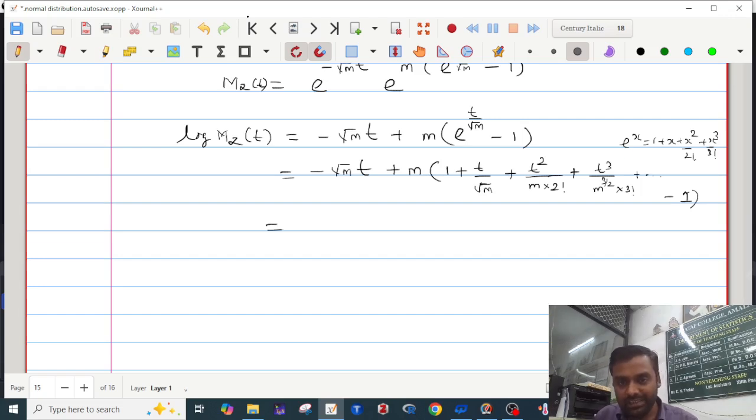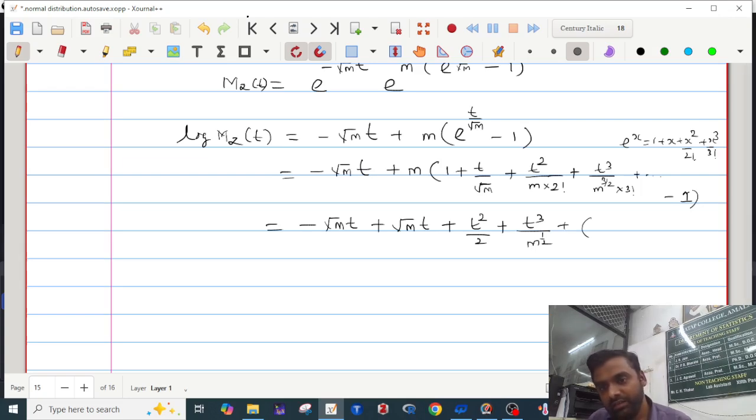If you multiply m inside, you will get minus root m t plus m upon root m, which is root m into t, plus this m gets cancelled. This is t square upon 2 plus t cube upon m raised to 1 by 2, and the next terms are where the order of m is greater than 1 by 2, or greater than 1, and so on.